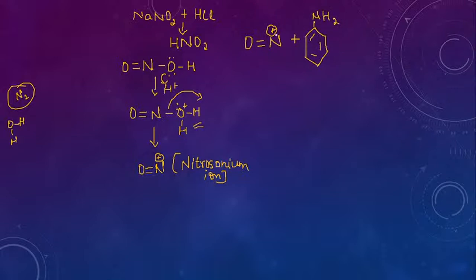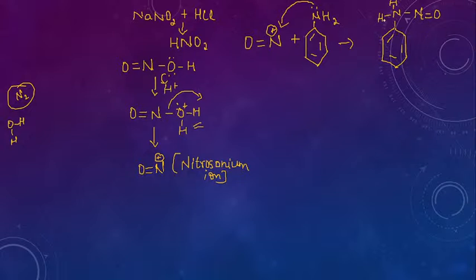So the lone pair of electrons on the nitrogen atom of aniline will accept the nitrosonium ion and form a compound like this. Observe. NH2, N double bond O, right? So I got the nitrosonium ion attached to the aniline.